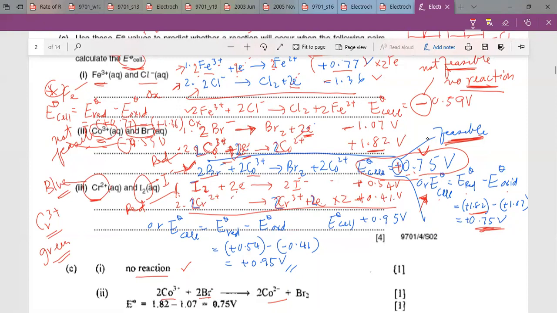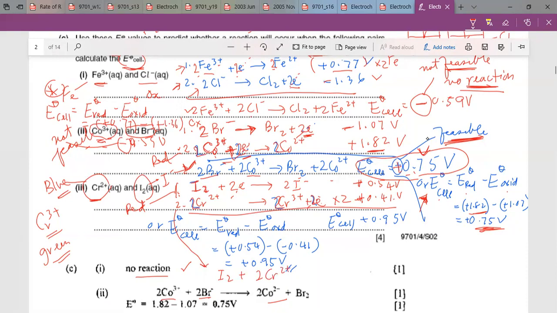So electrons cancel off. By this, I can write my equation. I got my equation here. Of course, I didn't write it down here. Okay, let me put down the equation here. So cancel this one here. So it's I2 plus 2 Cr2 plus. You know, I spent a lot of time doing this. I tell you, 2 hours preparing.